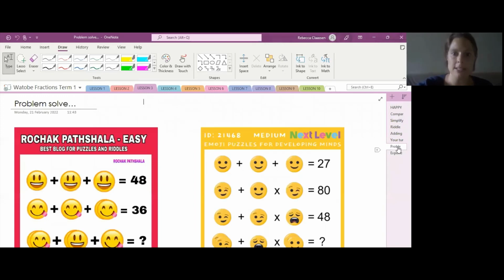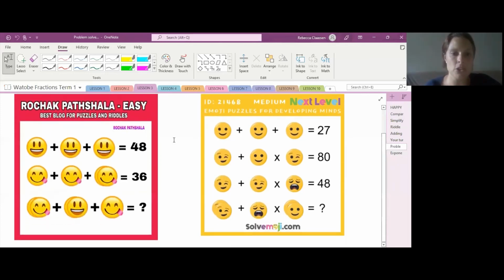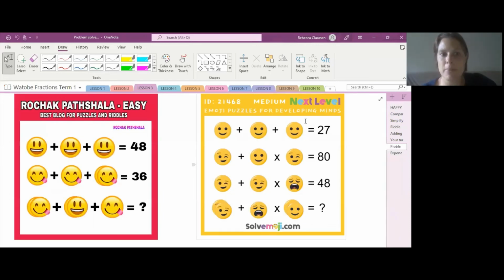Here's one for you guys. You can choose to either do a more difficult one, which is the yellow one, or a simple one, which is the pink one. Remember to mute yourselves now.